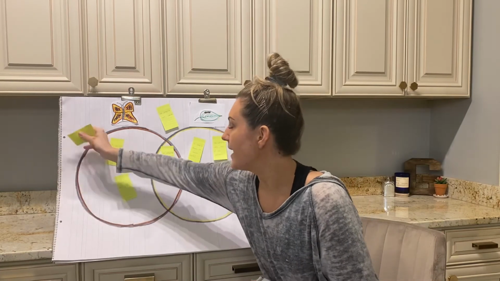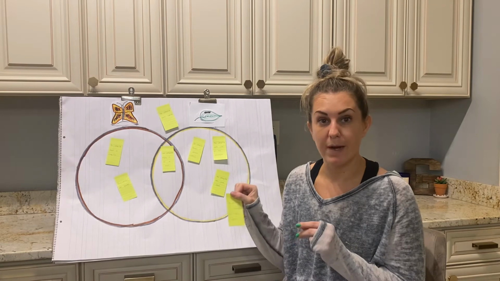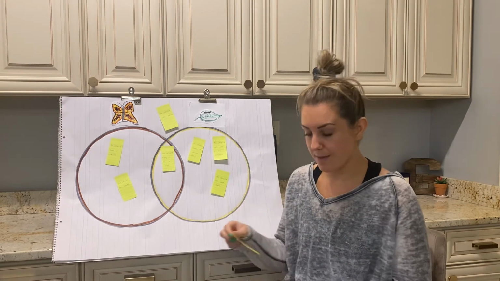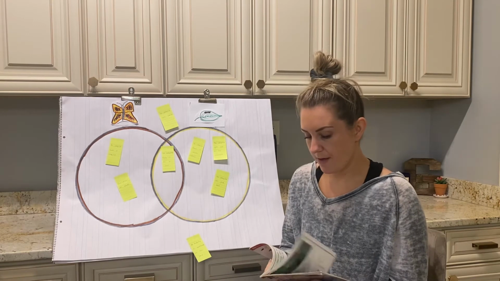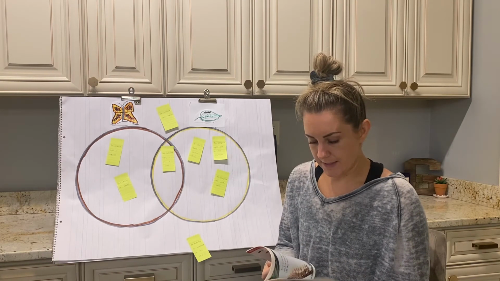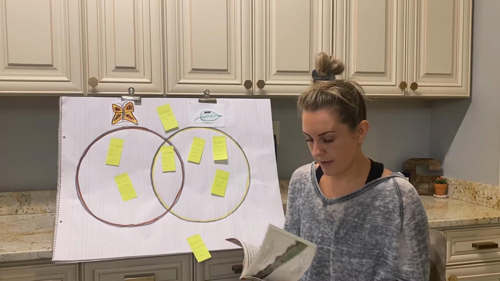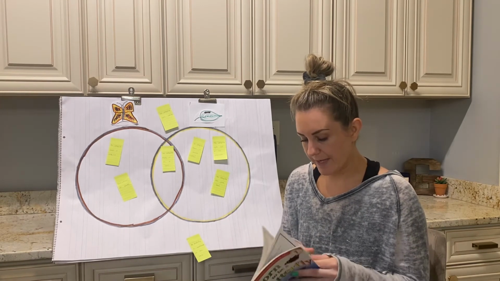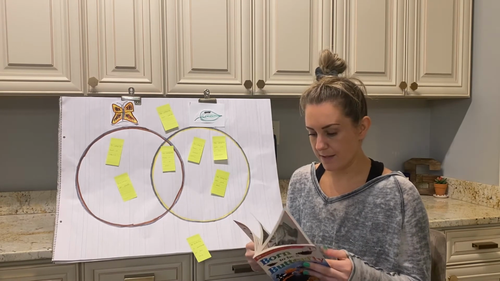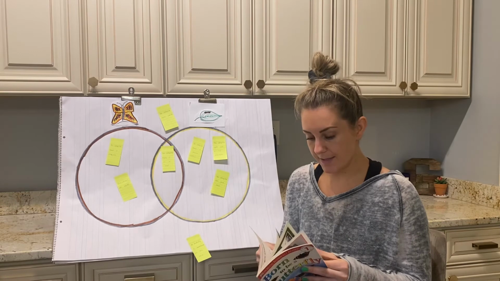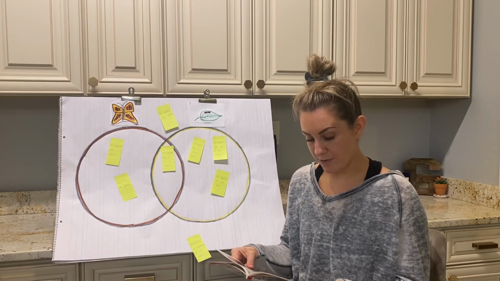Let's see. This says the butterfly is camouflaged on the tree bark. Do you remember why the butterfly had to be camouflaged on the tree bark? I remember in this book, Born to be a Butterfly, that the butterfly kept its wings closed and hid on the tree branch because a predator might find it and try to eat it.